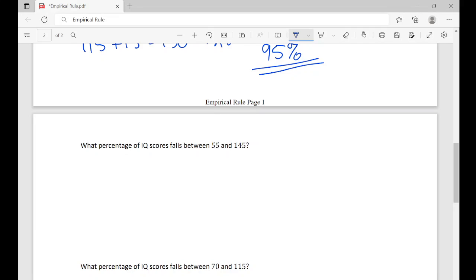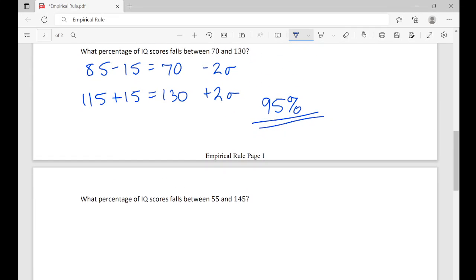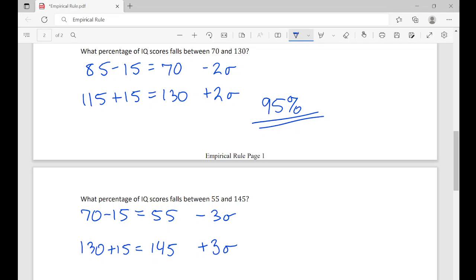Now we're going to do it again for between 55 and 145. So we can just kind of piggyback off of what we did. So again, 70 minus 15, which will give me 55. So this is down 3 standard deviations from our mean. And then if we take 130 and add 15 again, we're going to get 145. And this is positive 3 standard deviations above the mean.